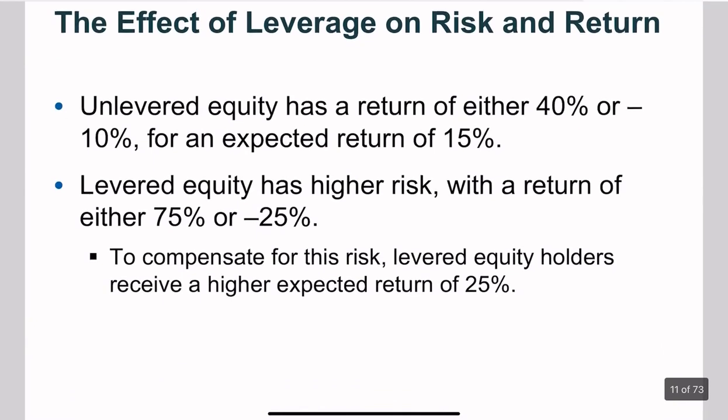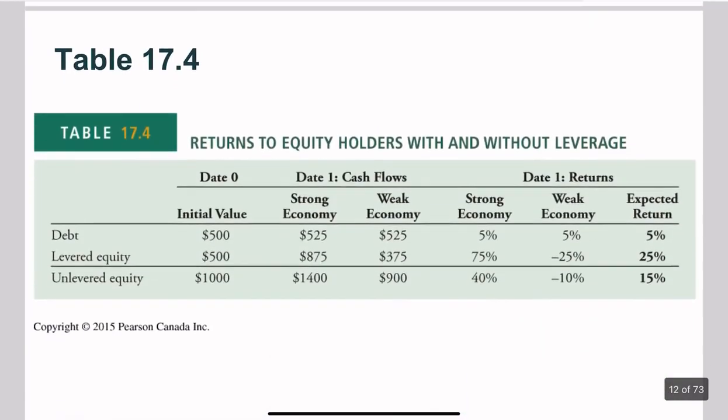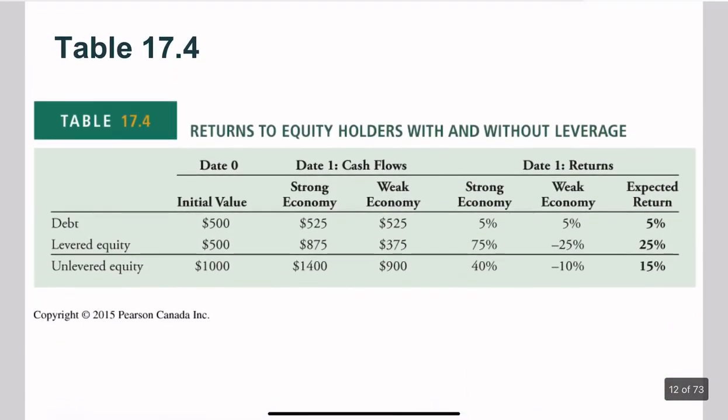So if you calculate the return of the levered equity, what you can see here is, we have got these numbers, right? We have said if the economy is strong, the levered equity will be worth $875, and if the economy is weak, then the levered equity will be worth $375. So given these two numbers, you can surely calculate the return of the levered equity, right?